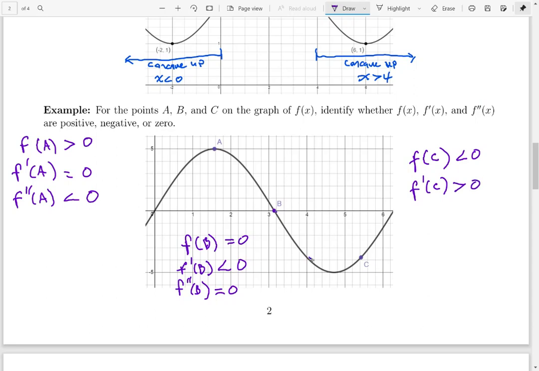And then we have concave up through c, or if you're looking at the change of the slope of the tangent line, it appears to be an increasing change of slope. Either way, the second derivative here is positive.